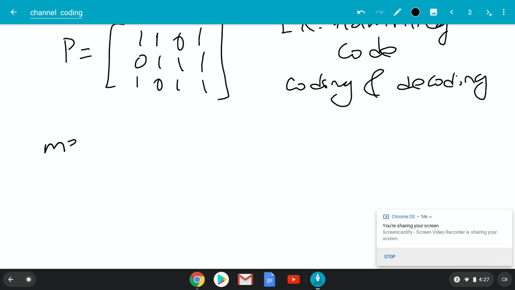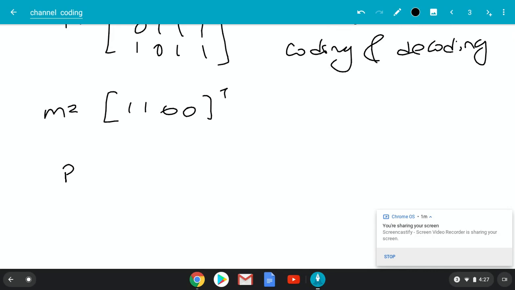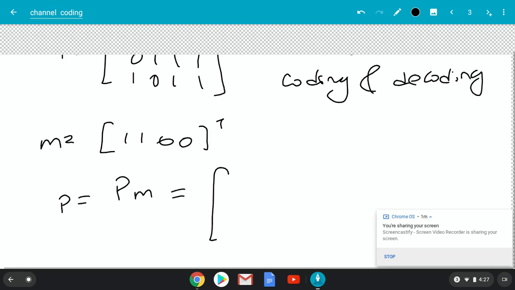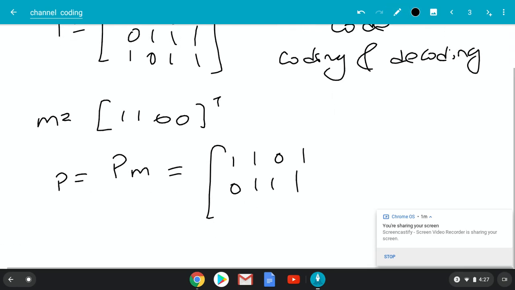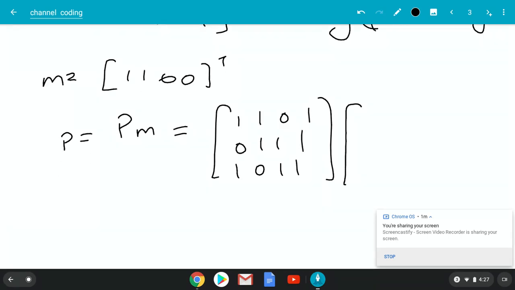Let's say m is equal to some random 4-bit number, say, our vector 1100, transpose. Then the parity bits will be equal to capital P times m, which is 1101, 0111, 1011, multiplied by m, which is 1100.